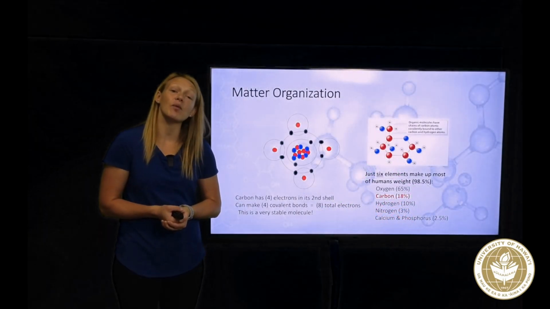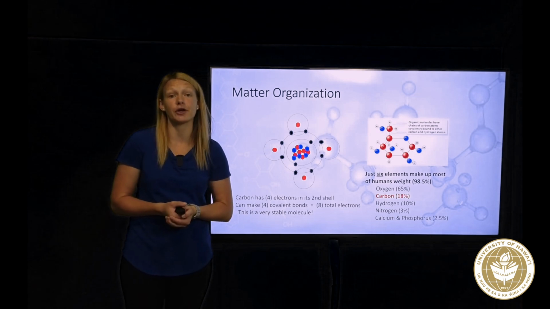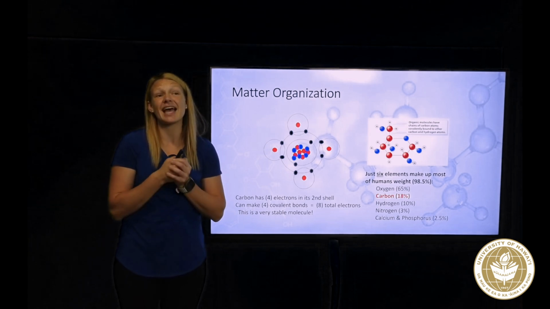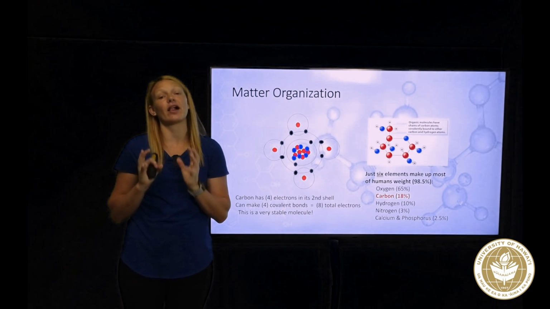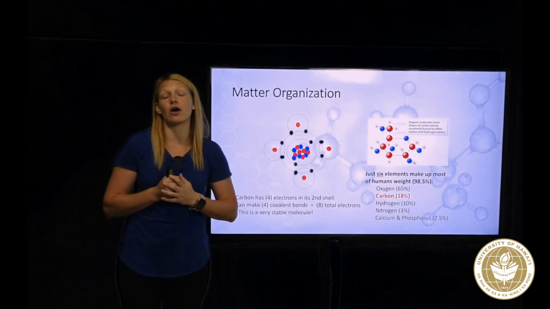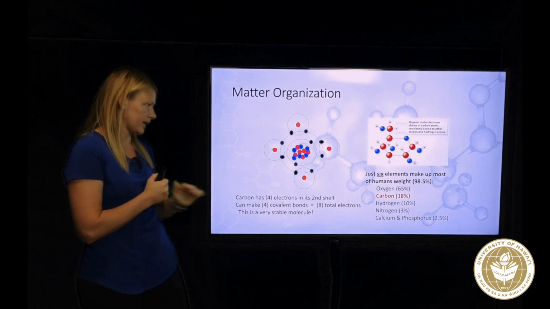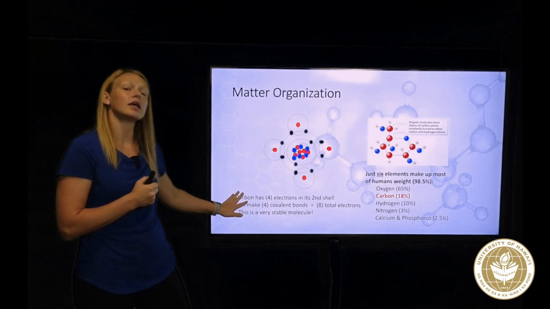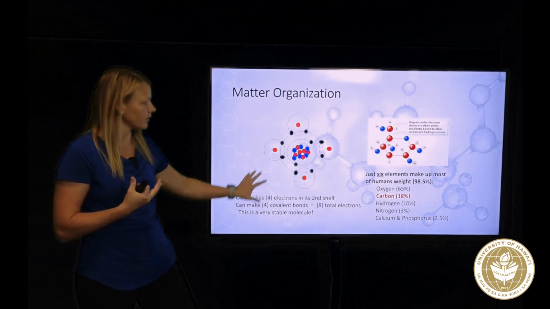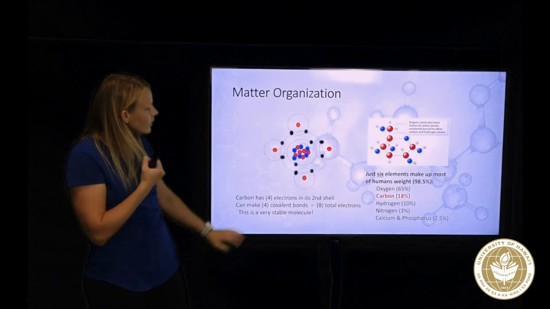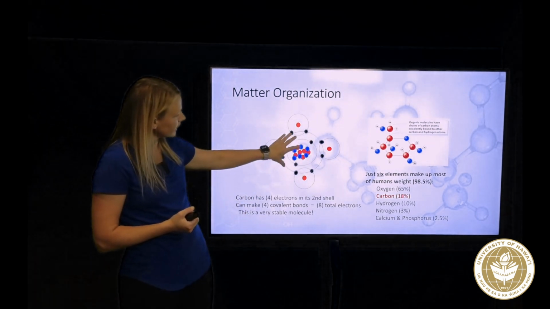One last thing that I wanted to mention in regards to matter organization is that there is a very key element when we talk about living organisms, and that element is carbon. So carbon, if we look at the structure of it, you can see carbon right here, right?